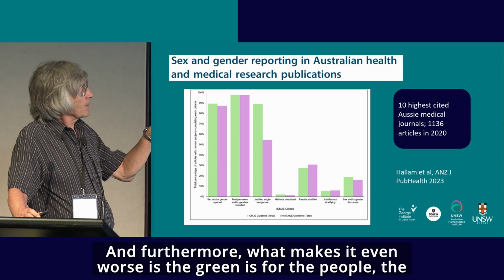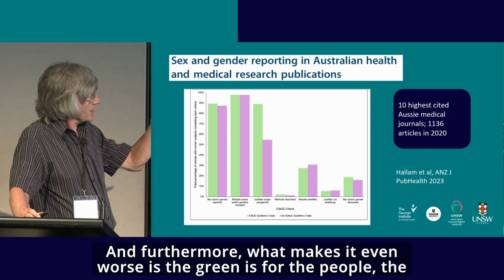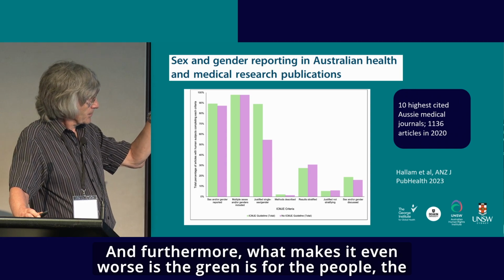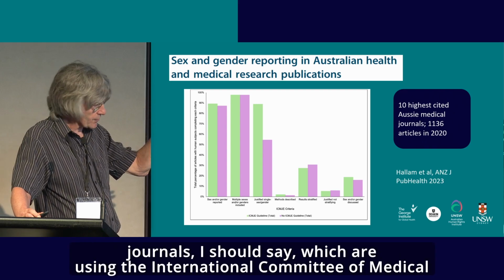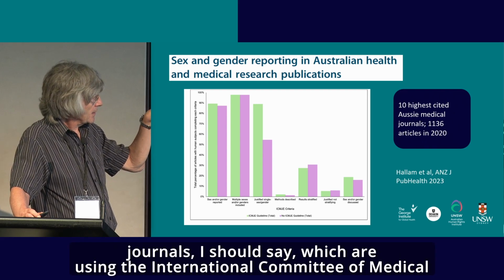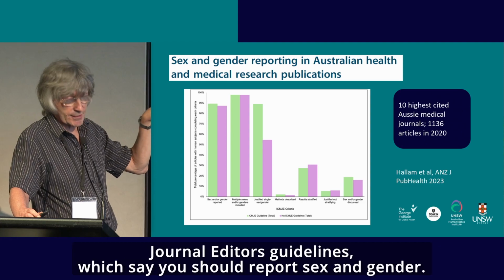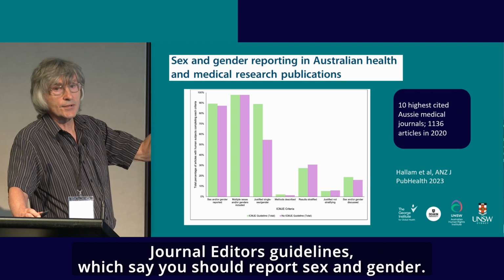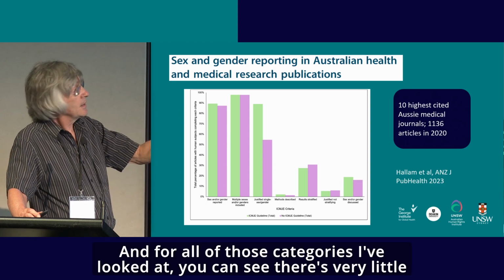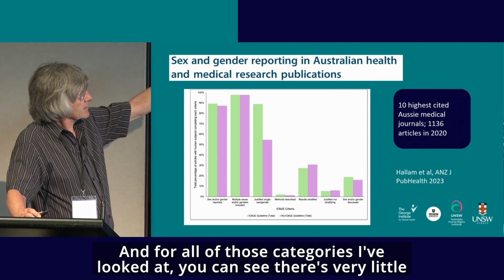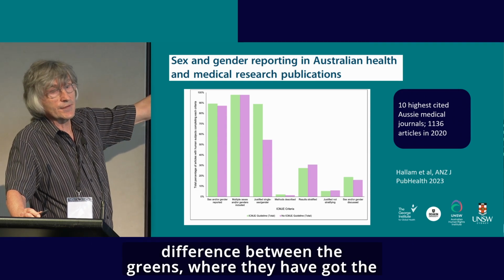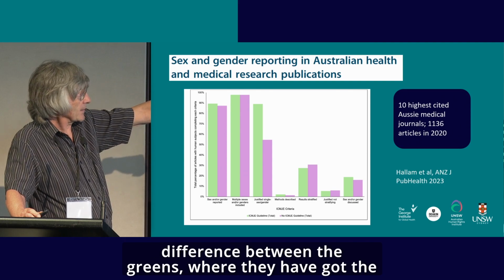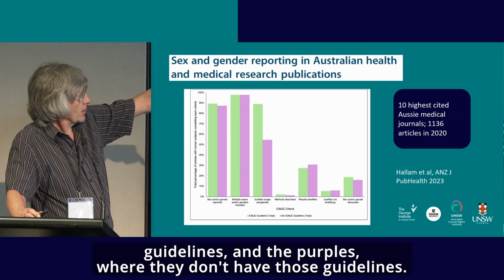And furthermore, what makes it even worse is the green is for the journals, I should say, which are using the International Committee of Medical Journal Editors guidelines, which say you should report sex and gender. And for all of those categories I've looked at, you can see there's very little difference between the greens, where they have got the guidelines, and the purples, where they don't.